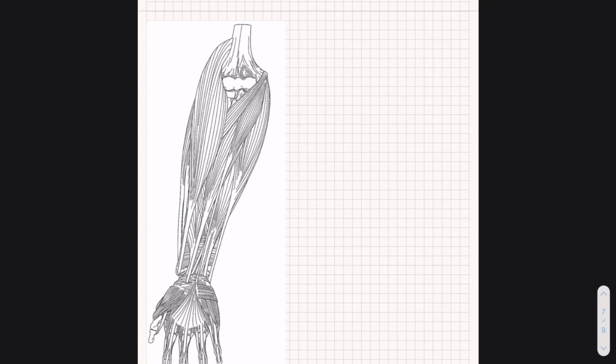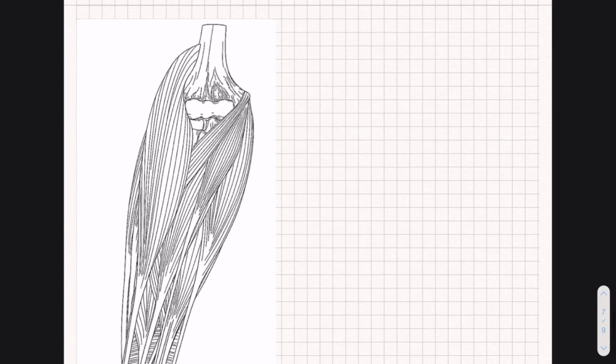All right, next group of muscles we are going to talk about is the anterior antebrachium, which is what we are looking at here. The nice thing about these is we do not need to know their origin and insertion, just kind of more generalized, and the names tell us what they do pretty much.